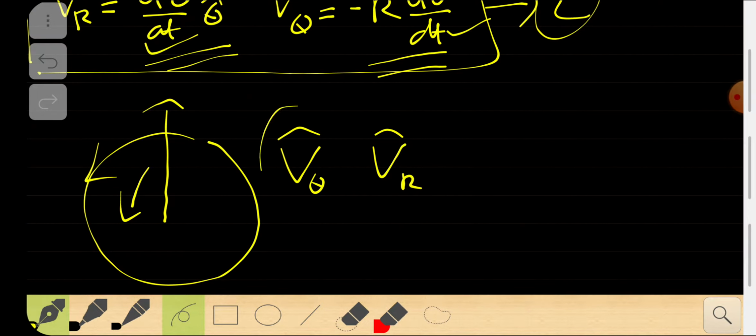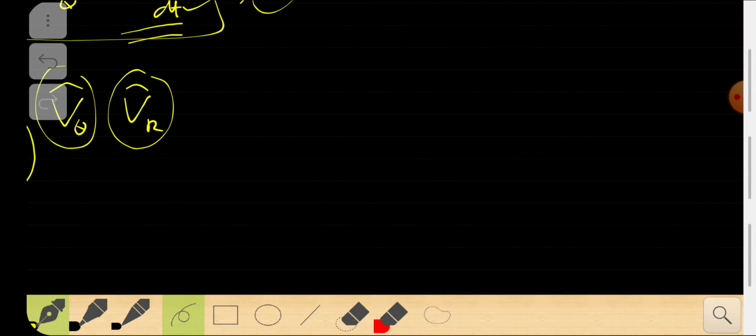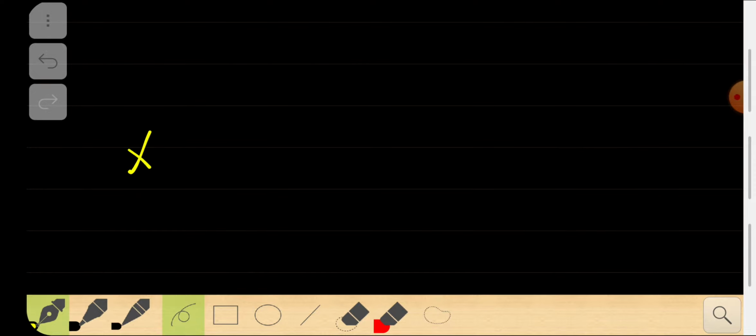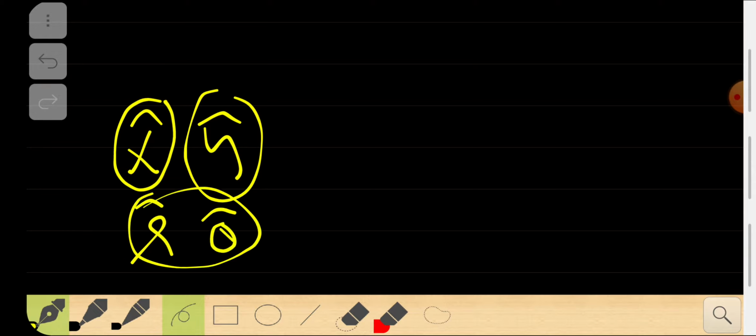So that's the use of these two vectors right now. Now we got the velocity component. Let's find out the actual velocity. So we got the x component and y component of velocity, or r component and theta component, it's the same, two coordinate systems.